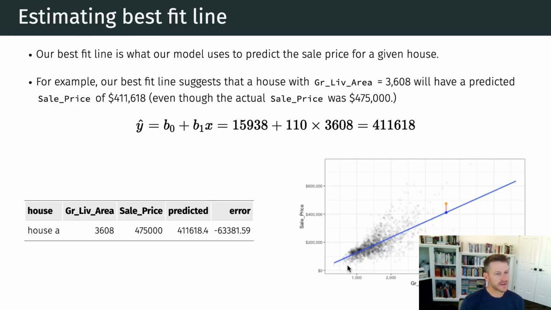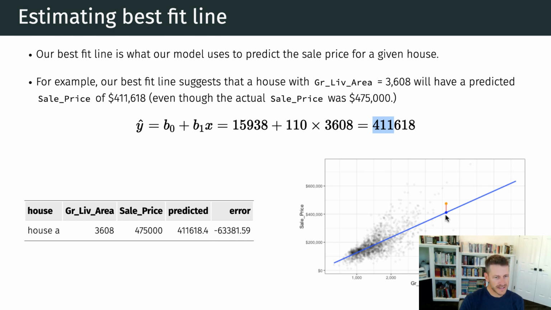So we can use this information to make predictions for a given house. Say we have house A here that has 3,608 square feet. This house actually sold for $475,000. But if we plug this 3608 into our equation, where we use beta naught for our intercept, and we use 110 for our coefficient times the square footage, 3608, we get 411,618.